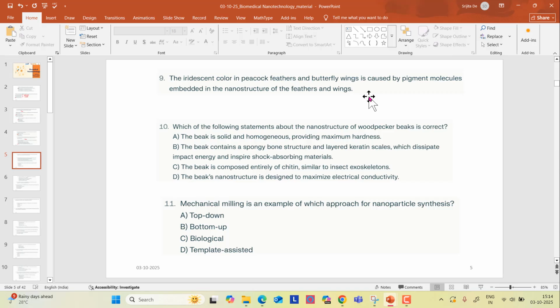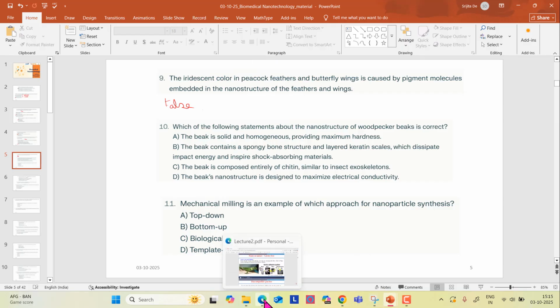True? No, how can it be? Because they don't have pigment. This is false. It is happening because of the layers, because of the nanostructure of the peacock feathers.